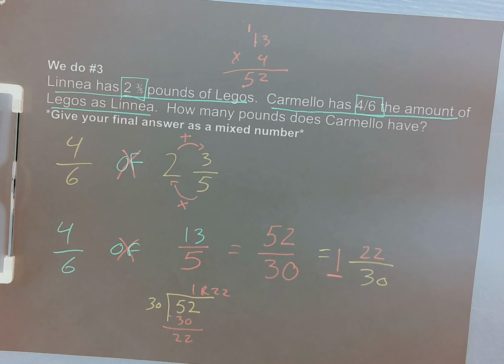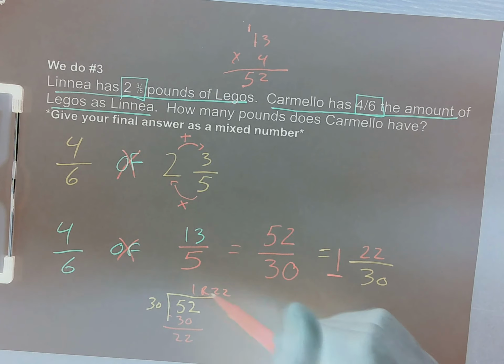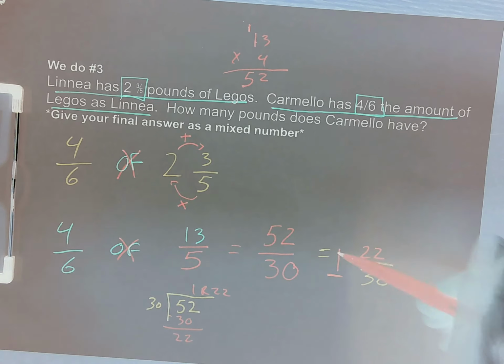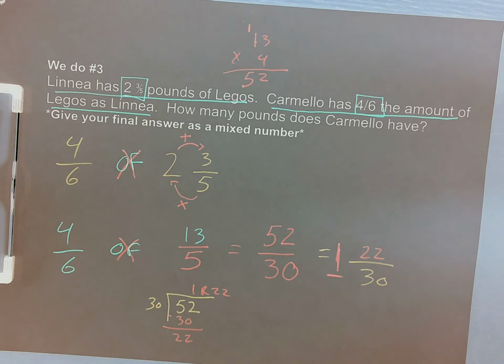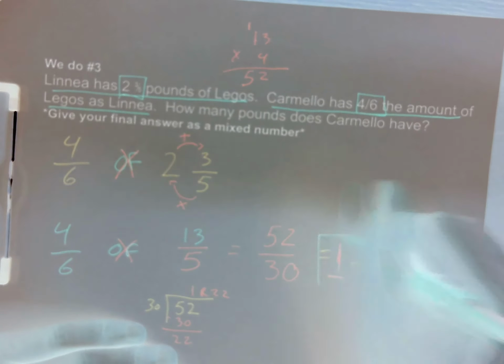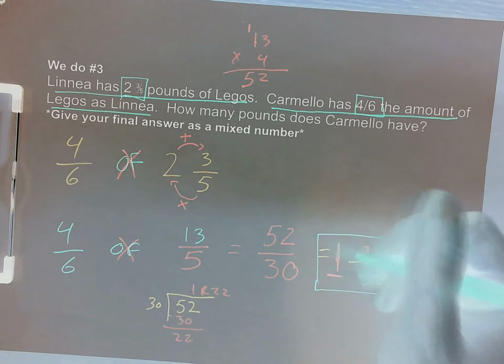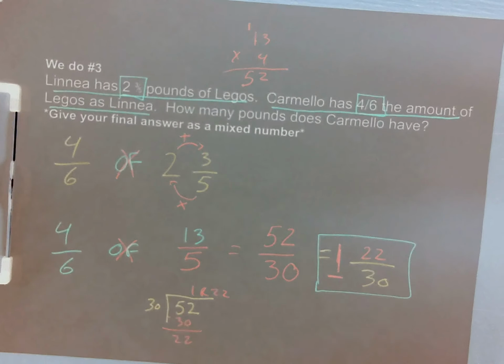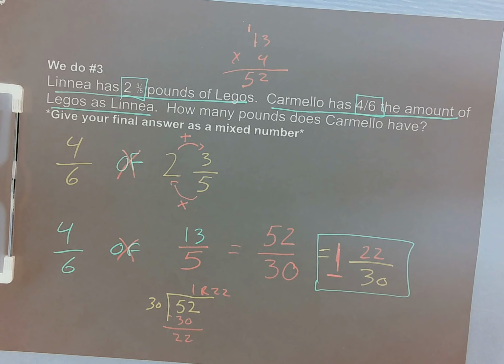When I divide 52 by 30, my answer was 1 with a remainder of 22. So my mixed number is 1 with 22 remaining out of 30. 1 and 22/30 is how many pounds of Legos Carmelo has.